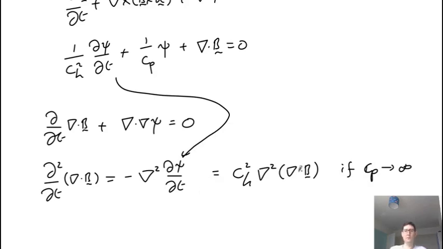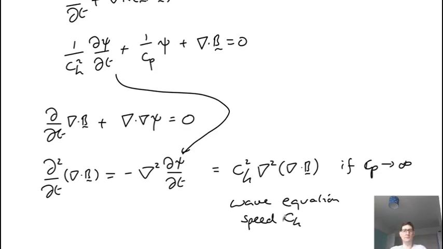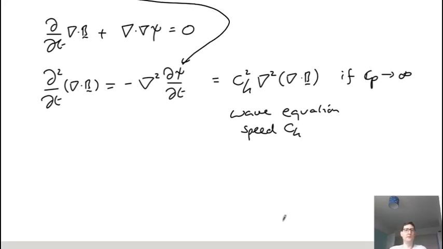And you can see this is a wave equation. We have the second derivative of divergence B on the left hand side, and the second spatial derivative on the right hand side, and CH is the wave speed. And so this term will advect or move any errors in divergence of B at the speed CH out of the domain towards the walls or boundaries of the domain.